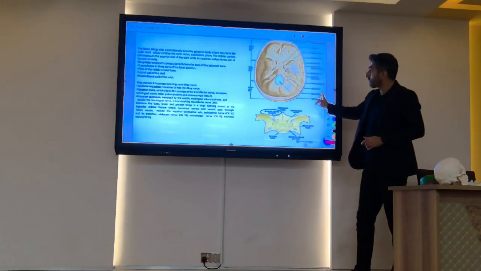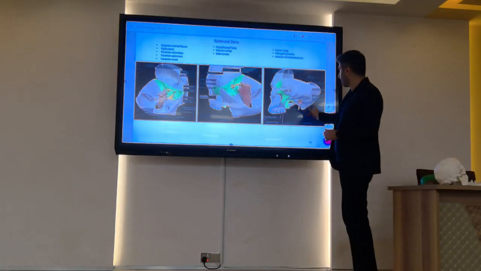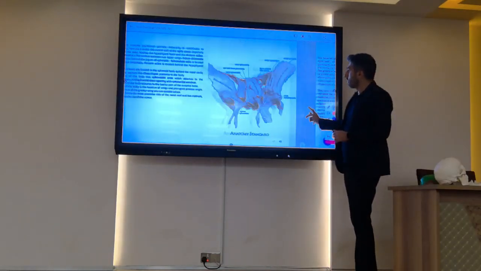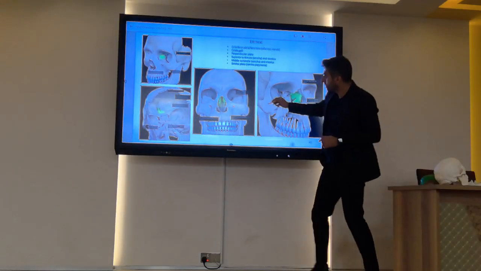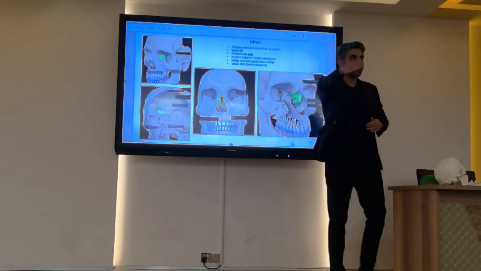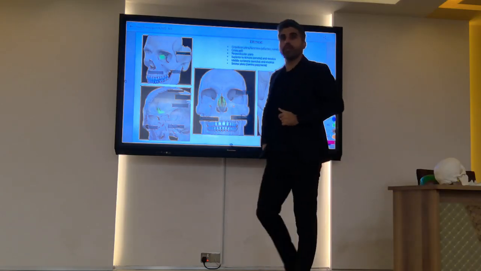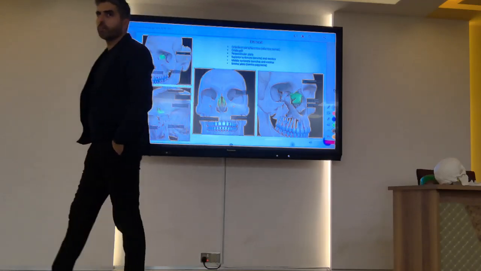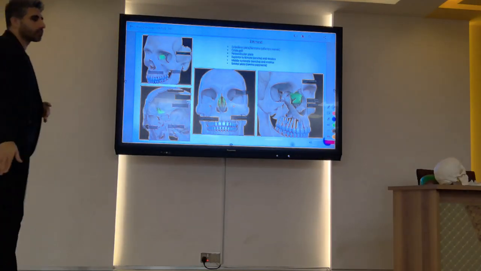Perpendicular plate in the septum of the nose. Vertically goes down. It's here. So cribriform plate, and one plate vertically comes down. The name of this plate is perpendicular. Perpendicular means vertical.